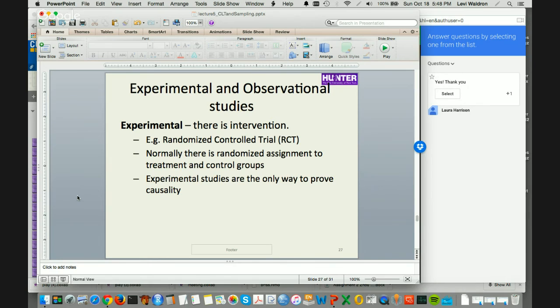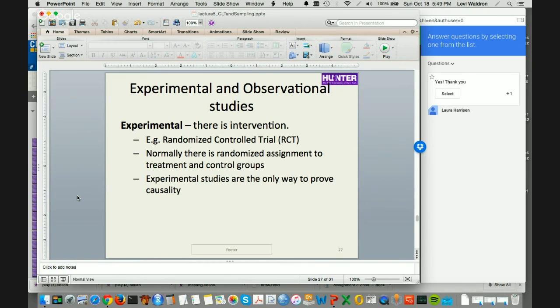I'm going to end off here just by summarizing the two main types of studies that we get data from in public health: experimental and observational studies. And the key distinction between these is that in experimental studies, there is an intervention that is assigned by the experimenter.